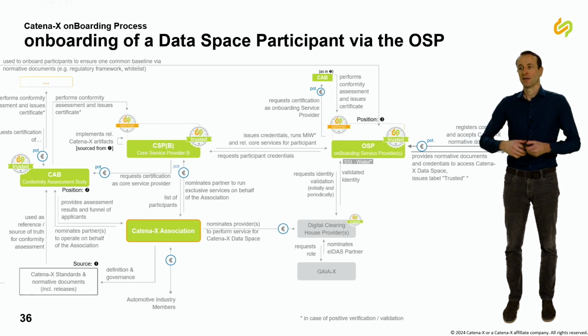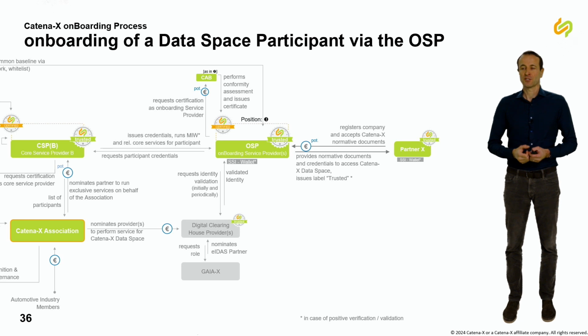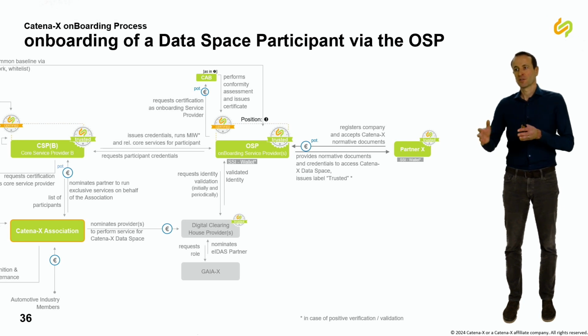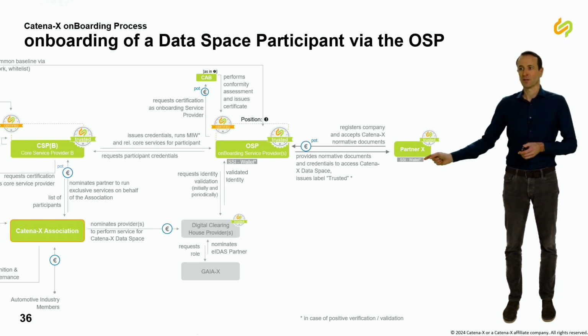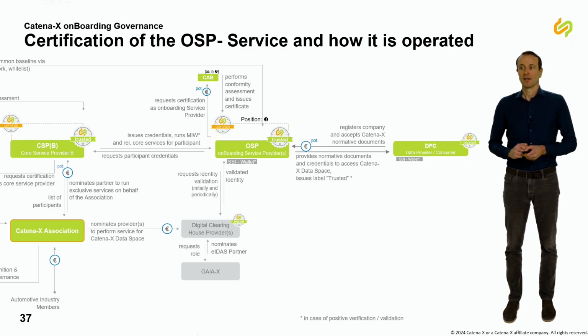The OSP, on behalf of the association, passes on those documents and asks the partner to sign. Once the validation is there, it issues the validation, and you can see here as well, there's a little wallet, and if the credentials are positive, they put the credentials in there, and then you are a trusted partner within the network. That's key. And you're a trusted data provider and consumer, as we started our journey before.